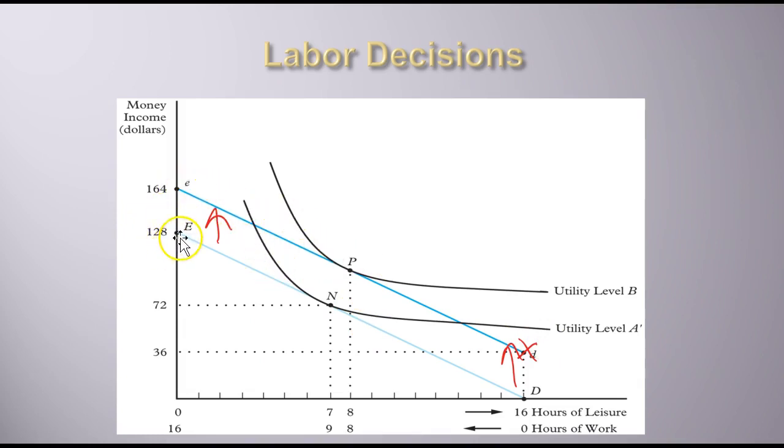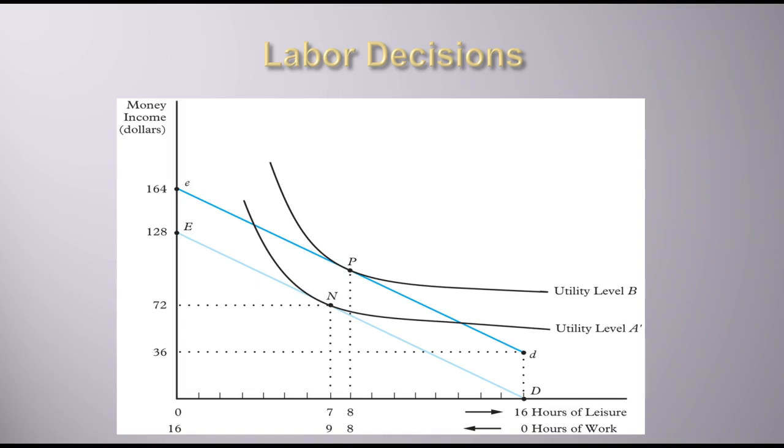And so if you work all 16 hours, you're going to have that $128 of labor income plus the 36, and so you're going to have $164. Okay. So this is showing what happens to the budget constraint because of that.